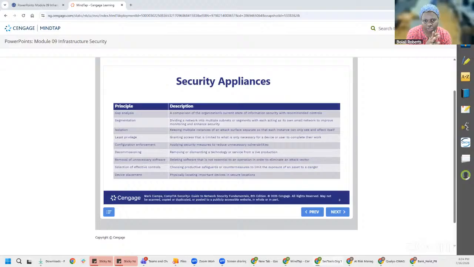Then you also have least privilege. Least privilege is granting access only as needed. Take network access control tools, for example, the pop-up that shows up when you go to the college. It gives you access to the internet. It doesn't give you access to the college's network. So when you log into a computer in the college, what you have access to is different from what you'll have access to if you log in to the Wi-Fi, right?